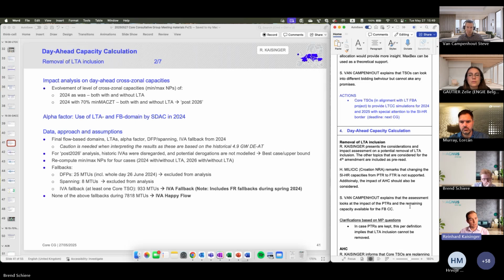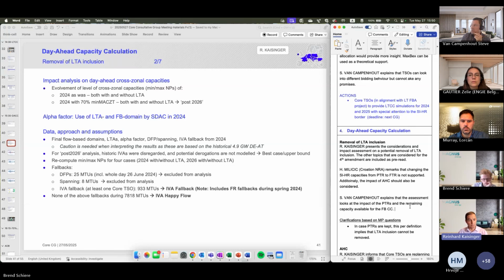And then we created a post-26 scenario with the RAM being adjusted to full 70% compliance, and again distinguished between a case with and without the LTAs. Note also that for this post-26 scenario, the historic individual validation adjustments were not carried forward, so they were ignored.